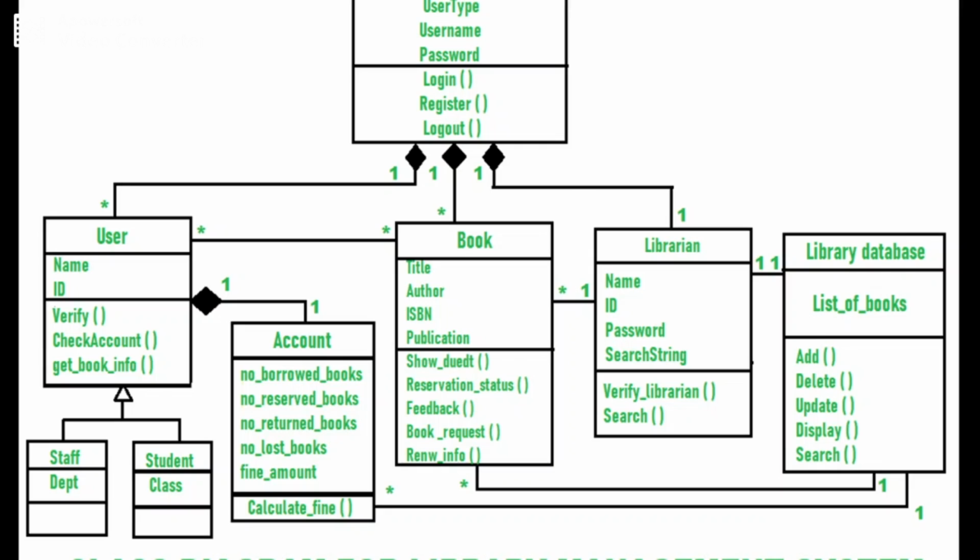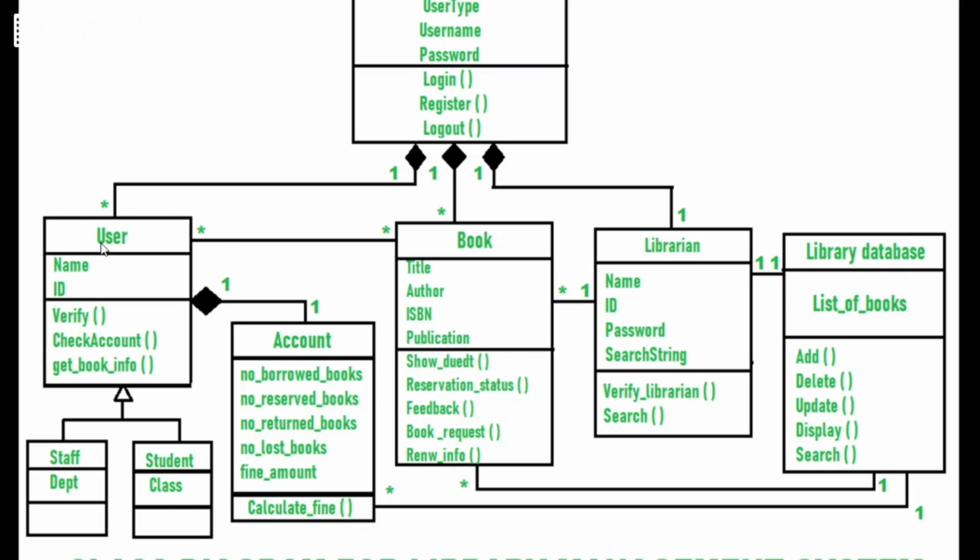You need to show the different classes in your system. So we have the library management system, user type, username, password, and login, register, logout. Now which are the different classes here?